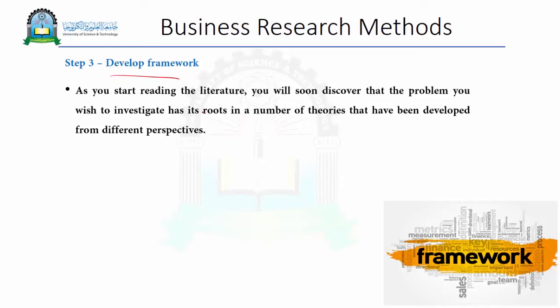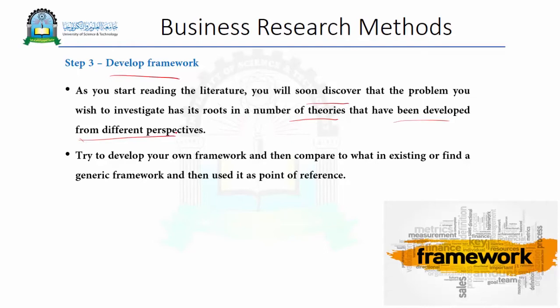So as you start reading the literature, you will soon discover that the problem you wish to investigate has its root in a number of theories that have been developed from different perspectives. So you need to understand the different perspectives of the theories, because as we know, theories can be looked at from different angles or from different perspectives. So you need to develop a framework from the previous work.